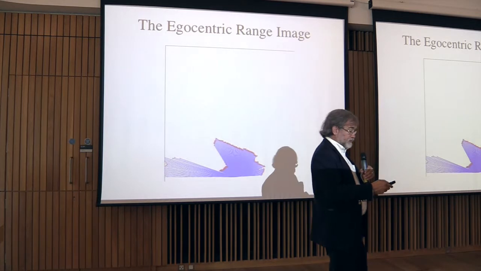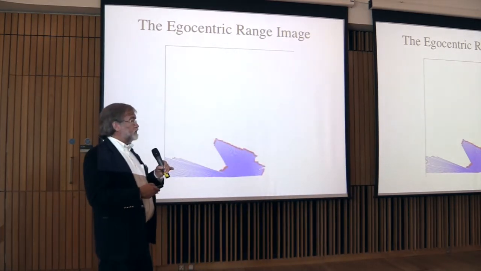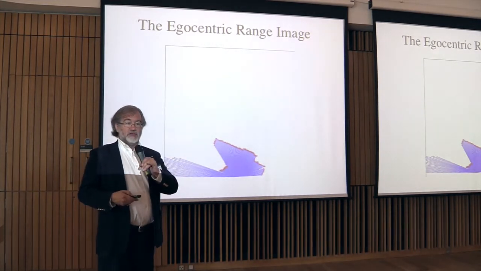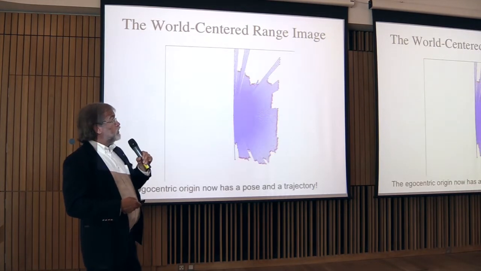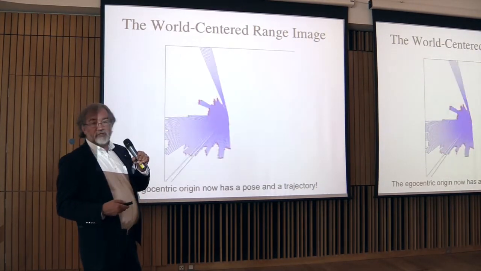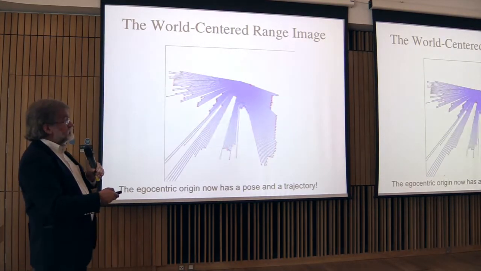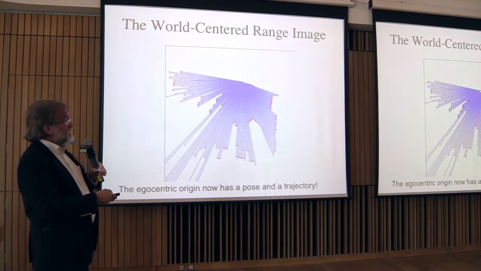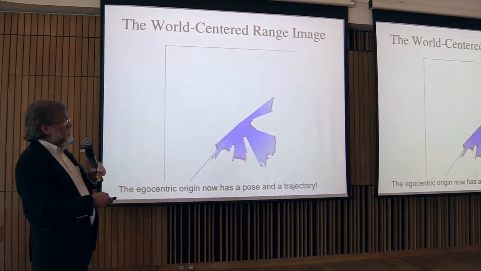Now what this does is it gives us the same thing, but all within a single frame of reference. It's actually the frame of reference of the first frame, but what we would call a world-centered or allocentric frame of reference. And one of the things that's very interesting about this is that now the egocentric origin, which used to be fixed at the bottom, now has a trajectory.